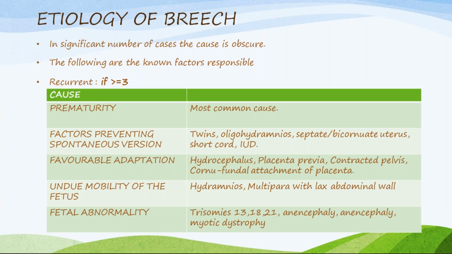Twin pregnancy or multiple pregnancy: because there are two babies, the parts do not adjust to the uterus, so you will have abnormal presentation. Oligohydramnios: normally the baby keeps on moving inside the uterus, but when liquor is decreased, particularly in the latter half of gestation, the baby is not able to move, so it remains in the breech position.